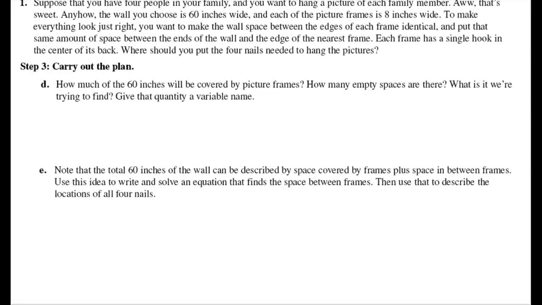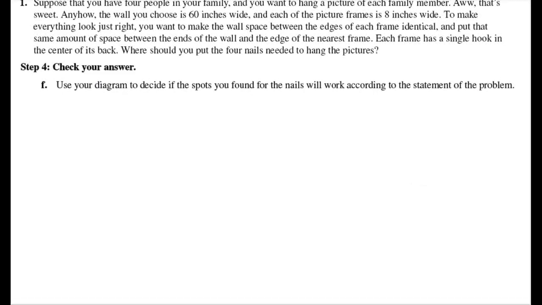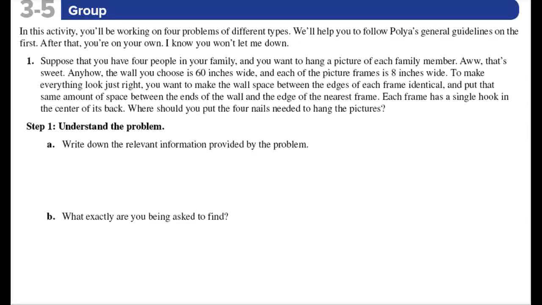What exactly are you asked to find? Step 2, devise a plan. They suggest you draw a diagram. Then they ask you some questions that kind of help you think through carrying out the plan. And then finally, they want you to check. So do all of question 1, A through F, and then come back to the video. Okay?